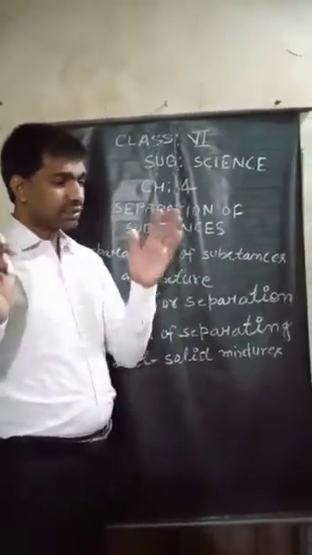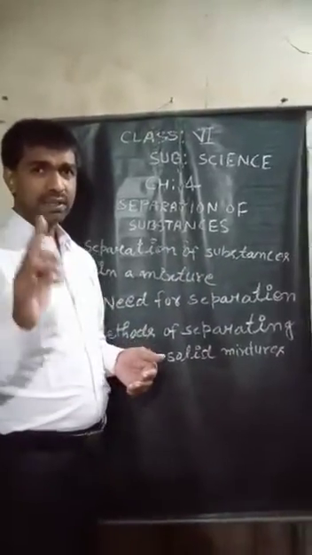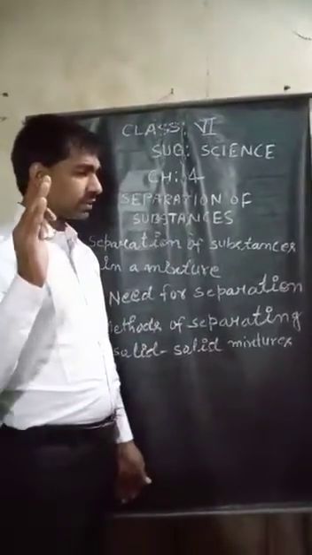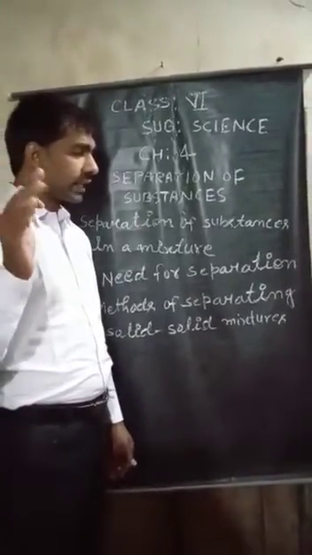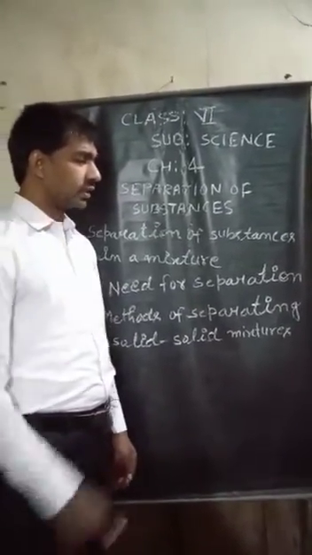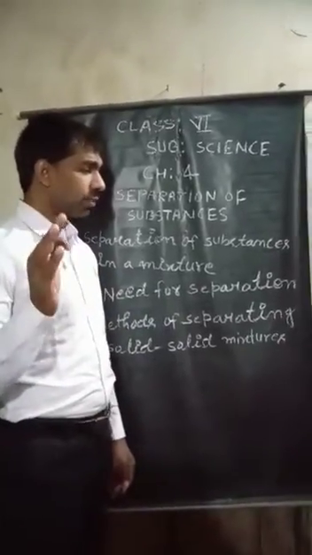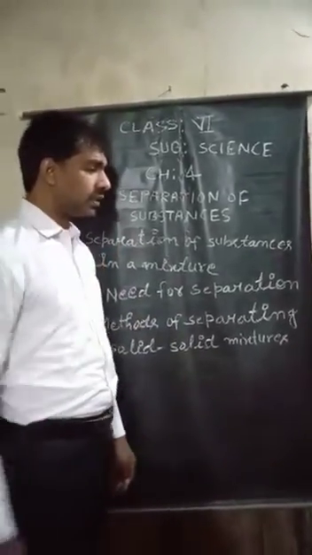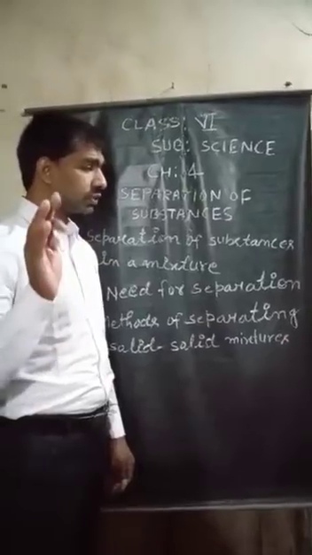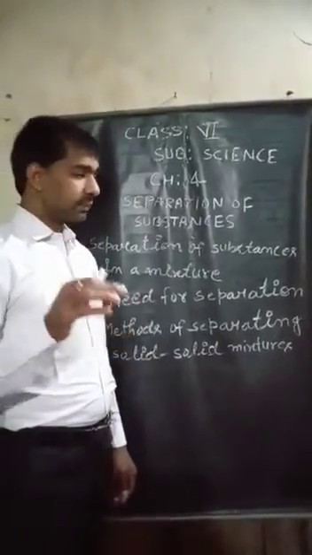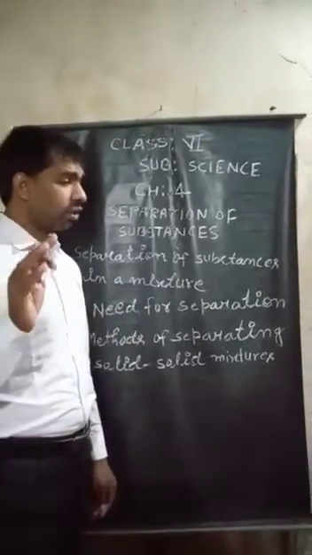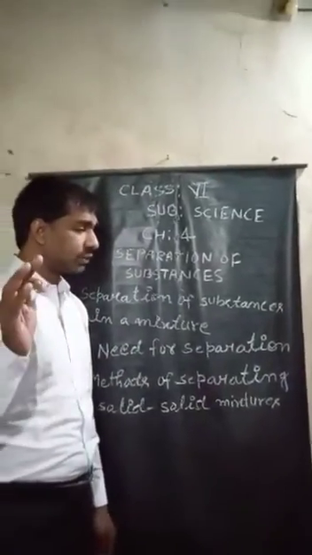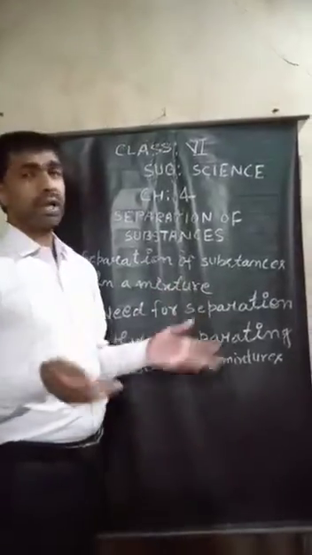So the separation of salt from seawater and the recovery of petrol, cooking gas and other useful products from crude oil are some examples of how useful products are obtained by separating a mixture into its components.